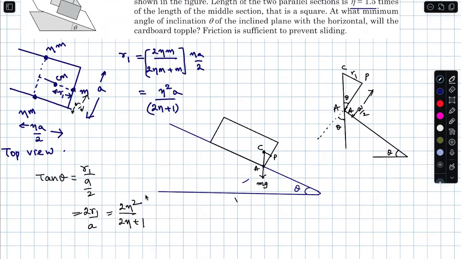At what minimum value of inclination theta of the inclined plane with the horizontal will the cardboard topple? Suppose if the line passes through like this instead, no toppling. But in that case, what is happening?